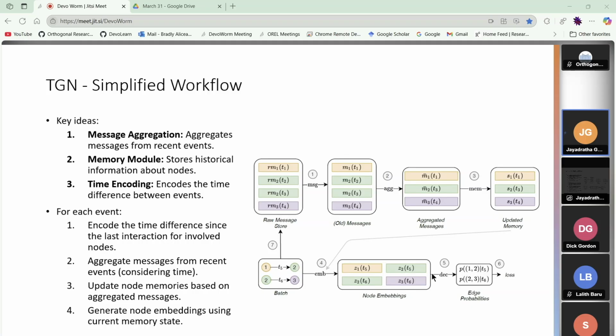Then, using the decoder network, we try to understand what the edge probability will be between 1 and 2 and between 2 and 3, whether any edge will happen at this time. We calculate the loss, and based on that, we can train this network.